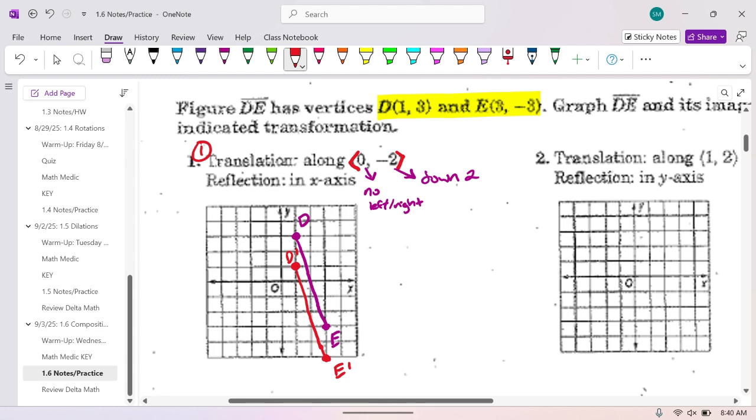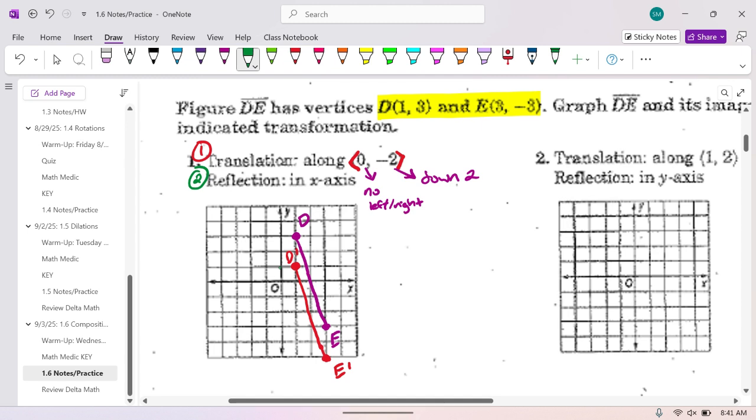Then we're going to reflect across the x-axis. Remember, when you reflect across the x-axis, what's the only thing that's changing? The y values are changing. In other words, you're flipping the sign of the y values. So staying on the same x value here, this is my second transformation.